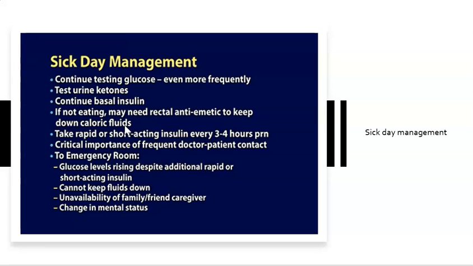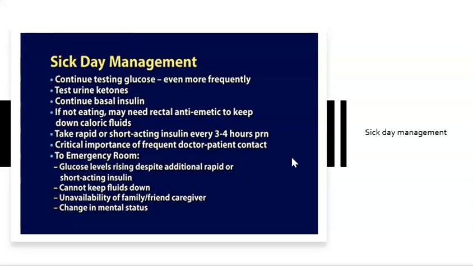If it's applicable to that particular client, test their urine for ketones. They would want to continue their basal insulin. Their basal insulin is, for example, what an insulin pump would deliver, and Lantus would be another example of a basal dose of insulin. If they're not eating, they may need an antiemetic to help keep down some fluids because we don't want them to get dehydrated.